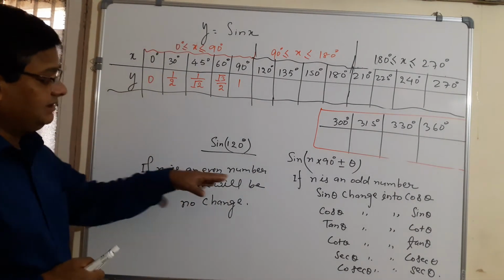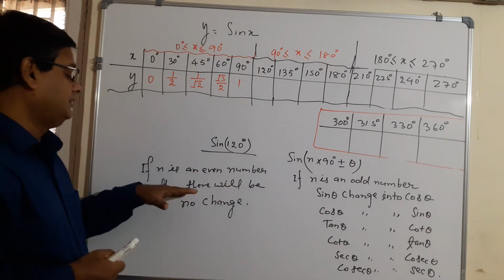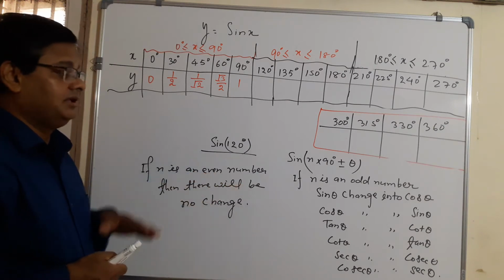If n is an even number, then there will be no change. An odd number means 1, 3, 5, 7, 9. If n is an odd number, the functions change as above; if n is an even number, there will be no change.